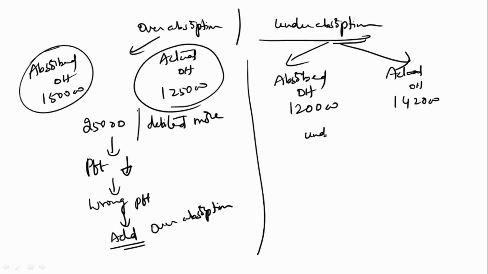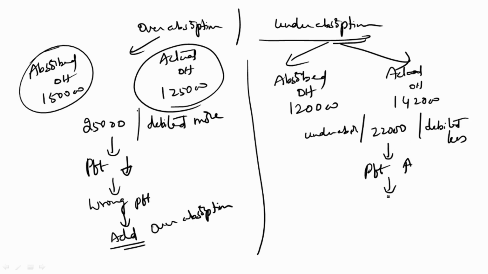So there is under absorption of how much? 22,000, or you have debited less in your costing P&L account. So your profit would have got increased. The increased profit is correct profit or wrong profit? Wrong profit. So we need to correct this, which means we need to deduct. So less what? Under absorption to rectify the profit. Are you able to get me, guys?